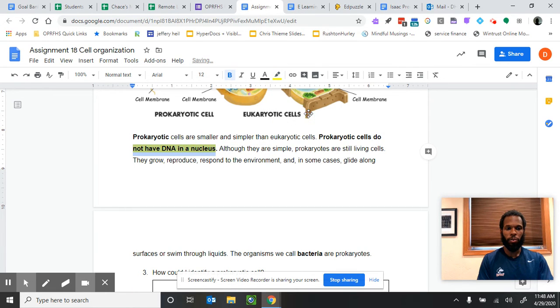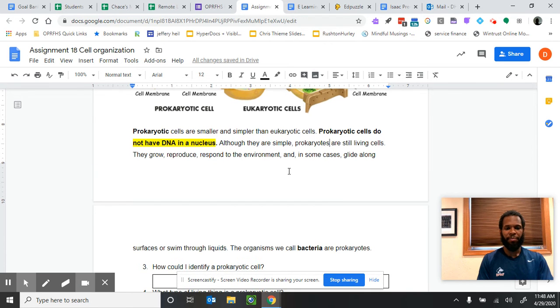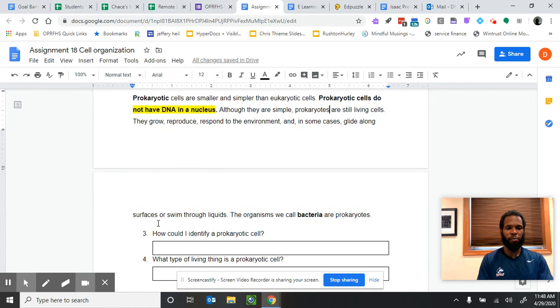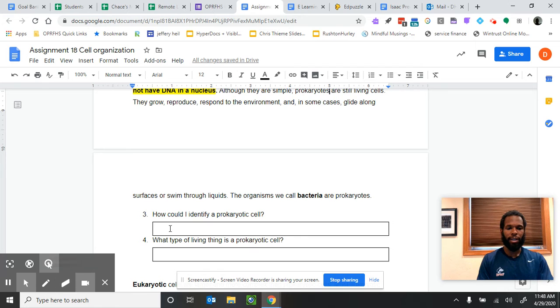So there is no nucleus. Although they are simple, prokaryotes are still living cells. They grow, they reproduce, and they respond to the environment. And in some cases, they glide along surfaces or swim through liquids. The organisms we call bacteria are prokaryotic cells. So bacteria is a prokaryote.